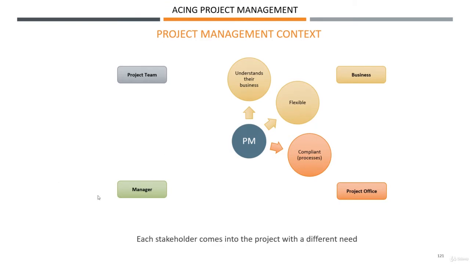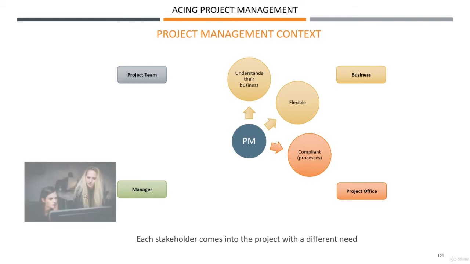Then you have management. It could be a program manager, it could be your line manager, it could be anyone, someone that you report to, more or less. So what does he or she want from you? She wants you to be fast.